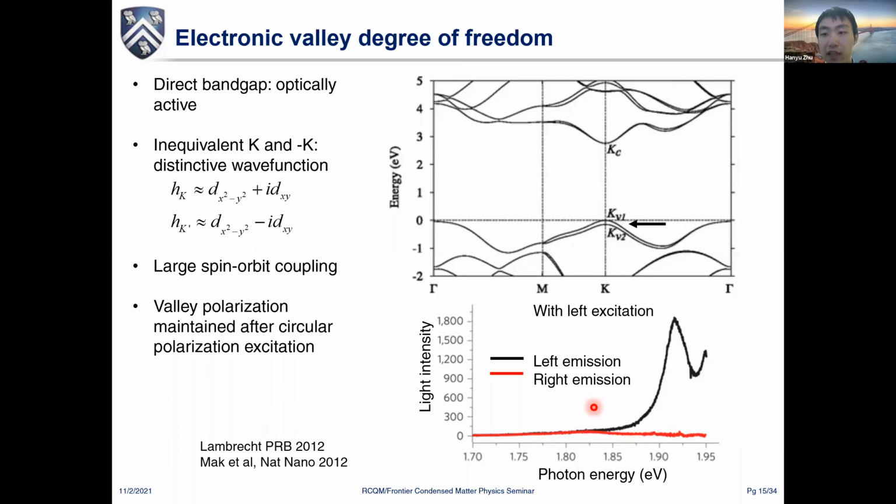So that's pretty nice. That means we can use these holes or electrons, if they're equally stable, to study some properties that break time reversal symmetry. They are spin polarized, valley polarized, and they can interact with chiral phonons.